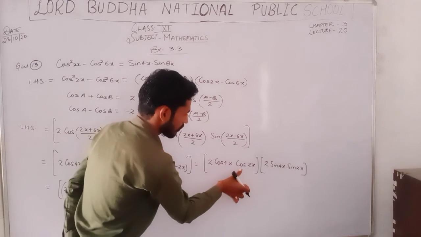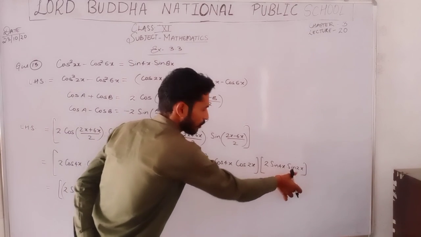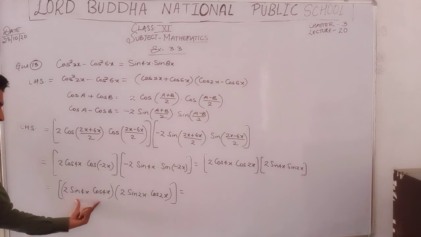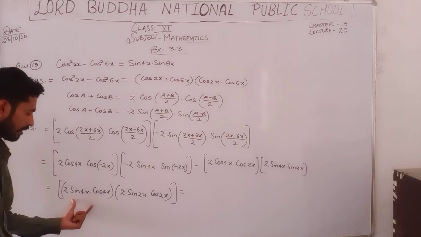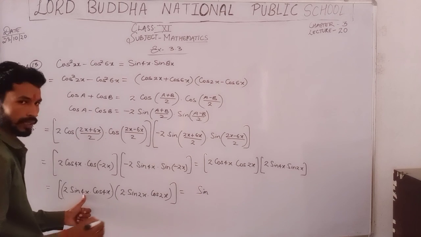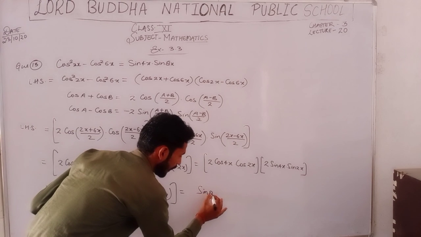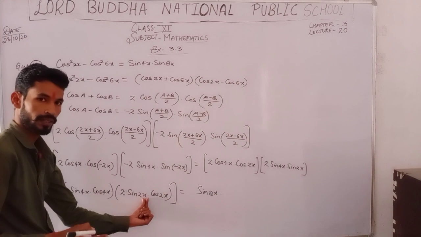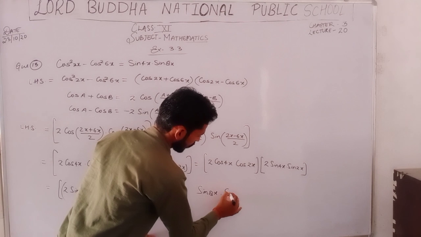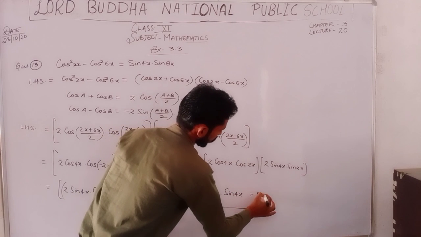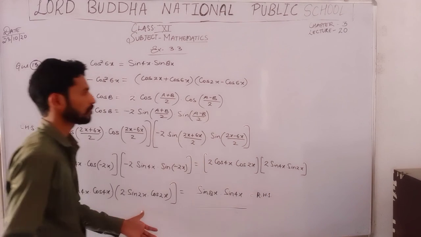This is the formula of sin 2a. So we can write sin of double 4x, that is 8x, into, in this form 2x becomes double, sin 4x. That is the answer, and this is the right hand side of this question.